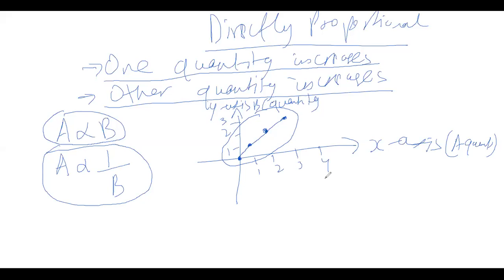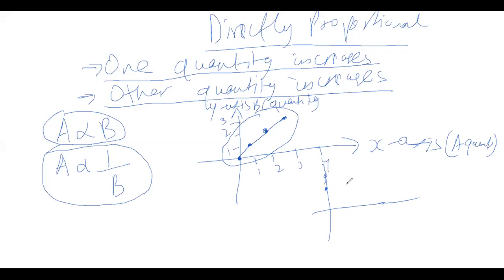But for example, if the change in A and the change in B quantity is not the same, like if there's a change of 1 in A, then there's a change of 2 in B. If there's a change of 1 in A again, this time instead of 2, there's a change of 1.